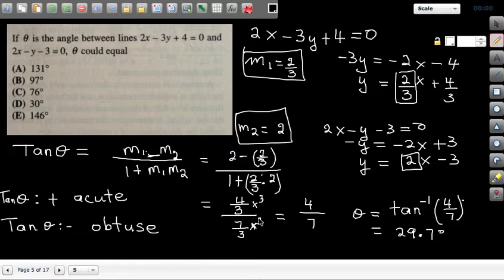You multiply by 3 on both sides. You can see the 3's cancel out and you have 4, and the 3's cancel out and you have 7. If you plug in your calculator, theta is equal to inverse tan of 4/7. You'll get an answer of 29.7. Rounding up, you see that D is the correct answer.